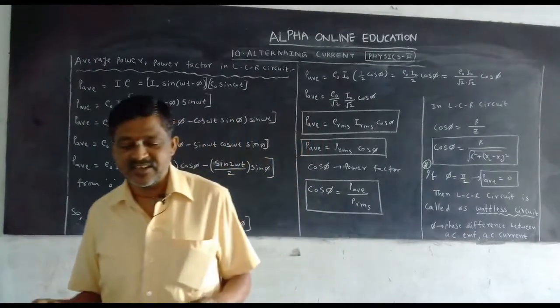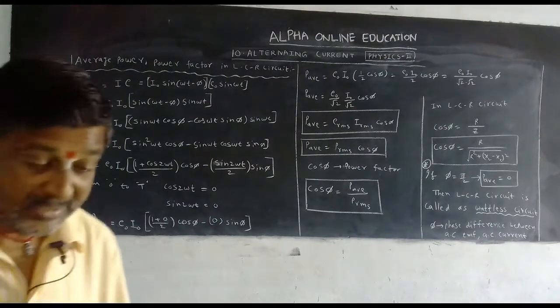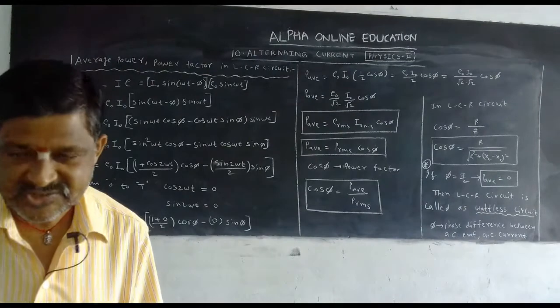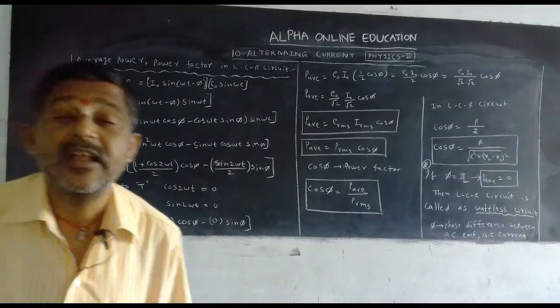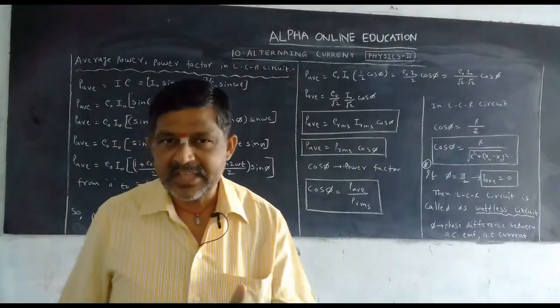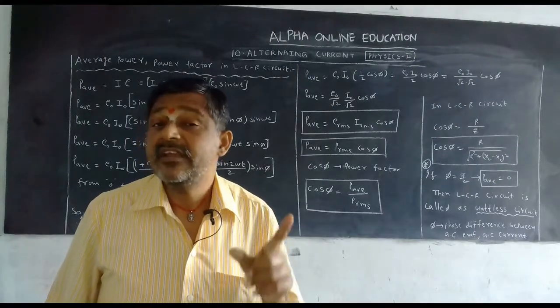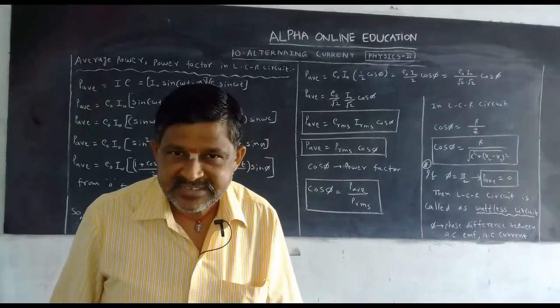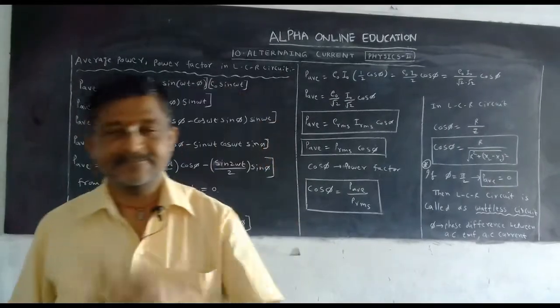Then the LCR circuit is called a wattless circuit. The LCR circuit is called a resonance circuit, which we studied in the last class, and it is not only a resonance circuit; it is also called a wattless circuit. Once again, the LCR circuit is called a resonance circuit when inductive reactance is equal to capacitive reactance, XL equal to XC.